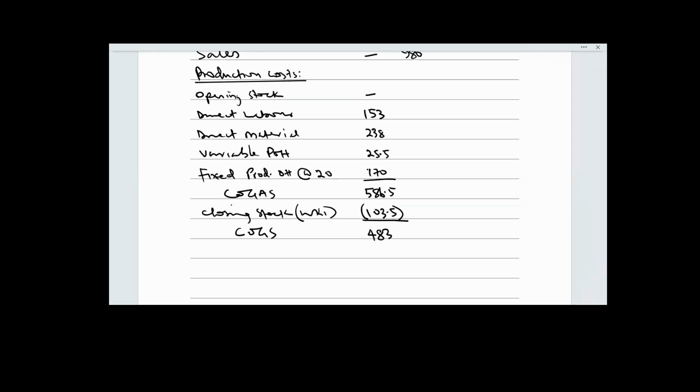We have electricity, we have utility, we have any other expenses that will be incurred in the factory that you cannot trace to any particular activity or product. Those are what we call overheads. So the process of allocating those overheads to a product or service is what is called overhead absorption costing.